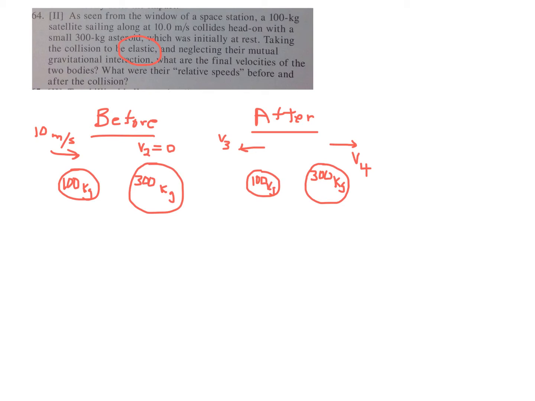So we have to look at all the momentums here. We'll have p sub 1, which we can do in our head. It's the mass times the velocity. It's 10 times 100, which is 1,000. I'm going to leave the units off for now. That's to the right. And then p sub 2 is 0. P sub 3, let's assume we don't know the direction right now.